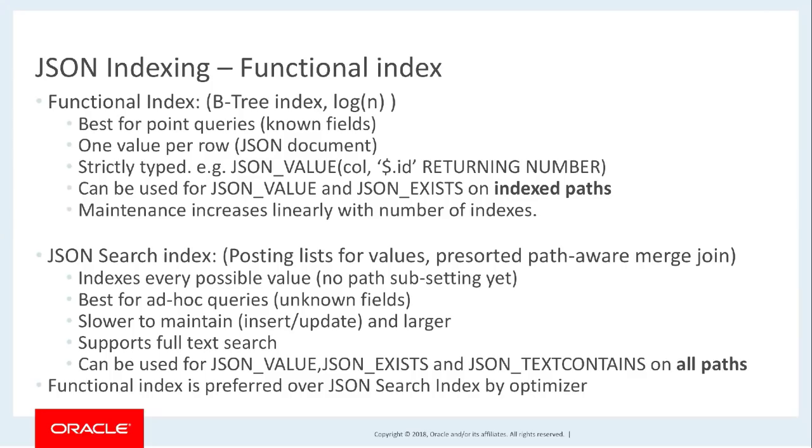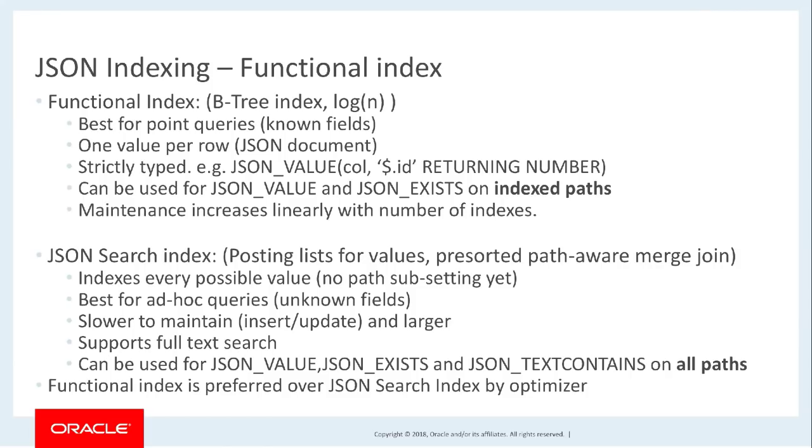Then this value is being put into the B-tree data structure, which allows us to find it in logarithmic time. And if we found it, it's associated with a row ID, and we can go back to the database and ask for a row given that row ID. That is quite basic and simple.